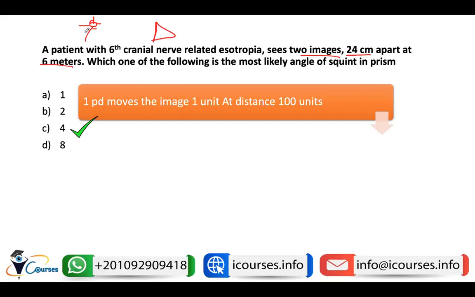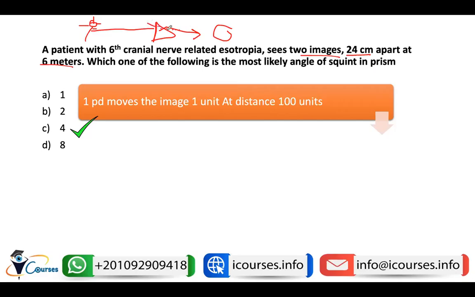So what happens is that the light rays from this flower will deviate toward the base. When the eye looks at this flower, it will see the flower at the extension of the light rays.